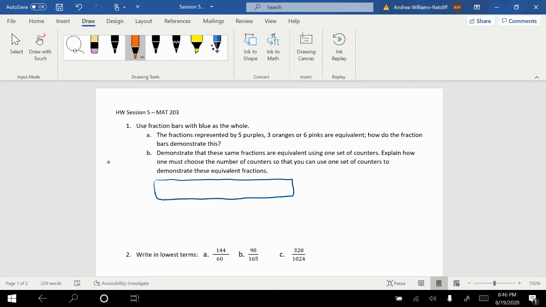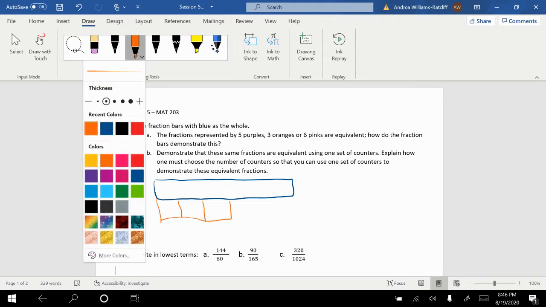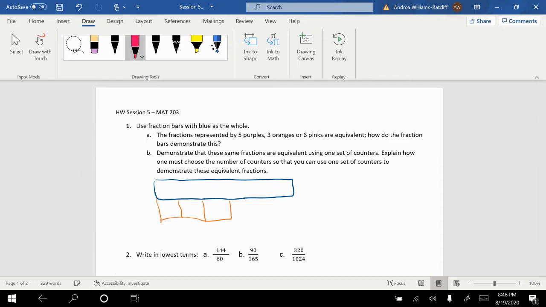So if I want to draw the oranges to represent this, it tells us we have 3 orange. Okay, so that's about what my 3 orange are going to look like. If I were to put down my pink blocks, I would be looking at 6 of these.